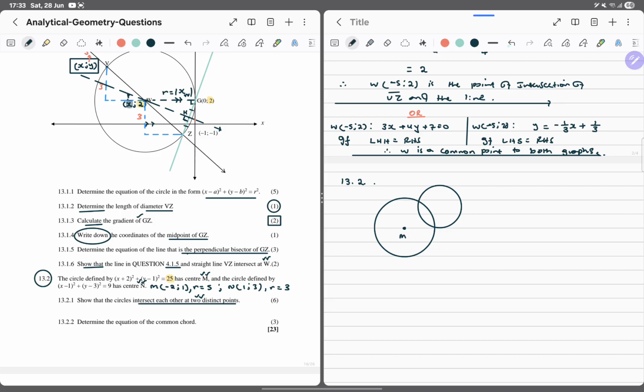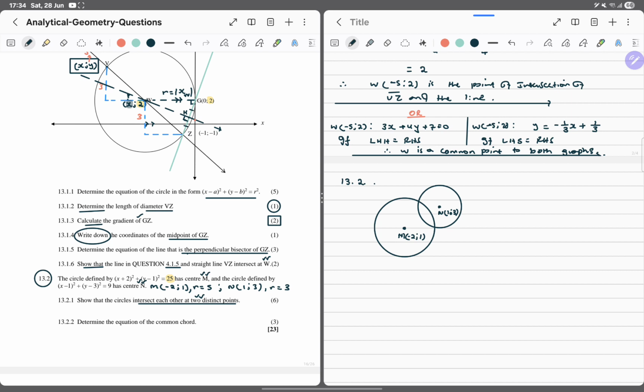So this is M with the coordinates minus 2 and 1. And the center for this one is approximately there. So that is N with 1 and 3. All right, so that's it. We are happy with what we have.